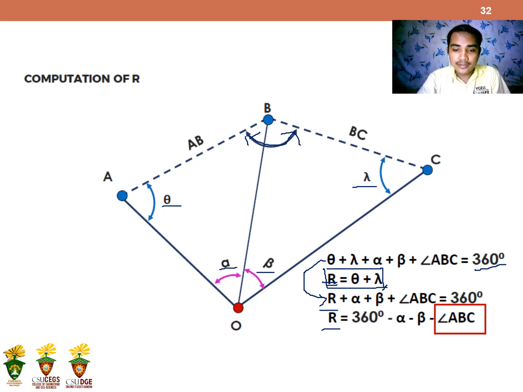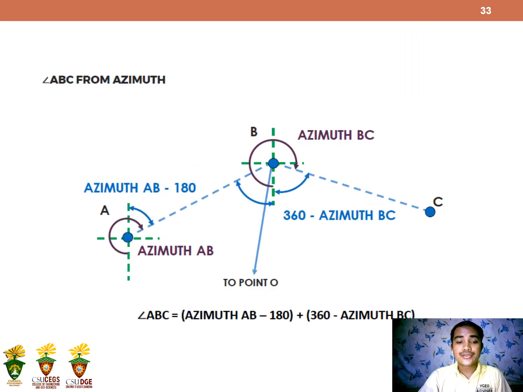So the problem now is unsa no to pagkuha ni si angle ABC. So to compute the angle ABC from the given azimuth, based ani sa ato ang figure, which came from the previous na figure sa slides, we can say that we have azimuth AB kaning violet, and azimuth BC.